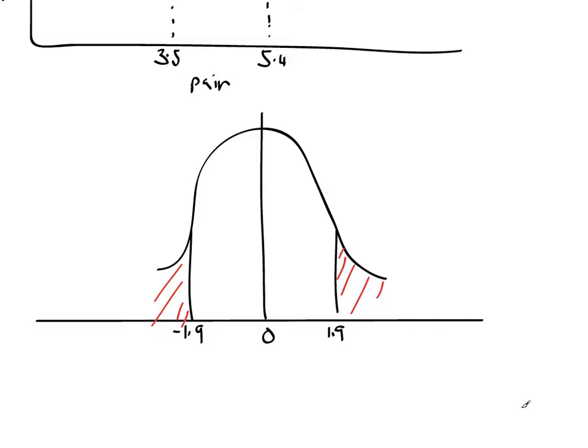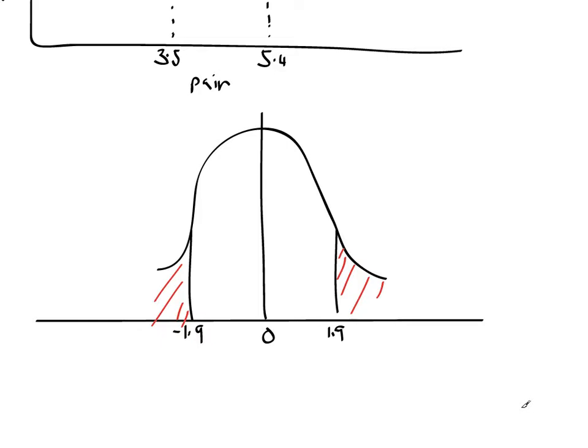So if that was the case, if the difference in our population means was 0, what is the likelihood, what's the chance, what's the probability of finding a difference between these two samples of 1.9, given the standard error of the mean, which is the variation in the groups? And that probability is represented by these red hatchings, by this red shaded area.